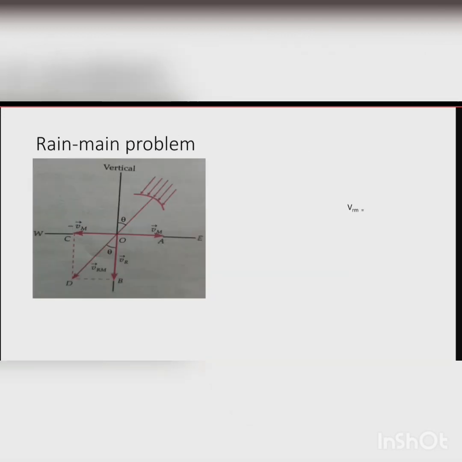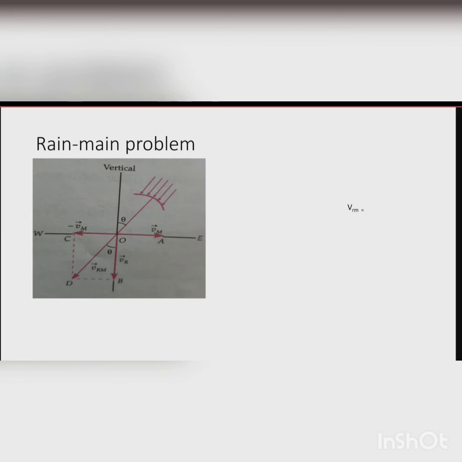So with this, we come to one very popular problem, the rain and man problem. If a man is moving while it is raining, then the man needs to keep his umbrella inclined at an angle, even if the rain is falling vertically downwards. Okay?